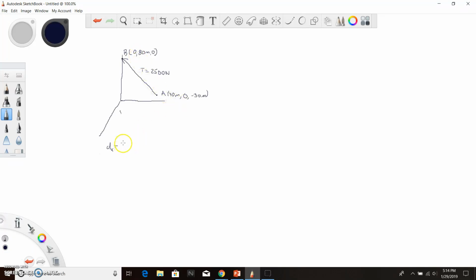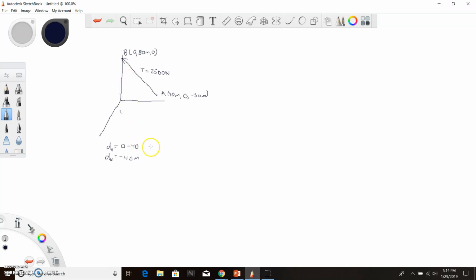So I'm going to have 0 minus 40. That means d sub x is going to equal a negative 40 meters. And that makes sense because from A, I'm going backwards in the x direction 40 meters to get to where B is at.